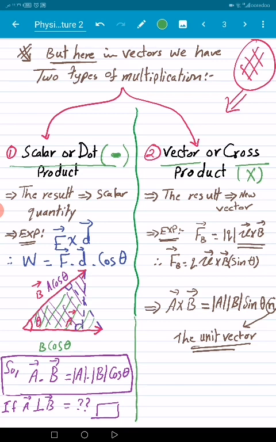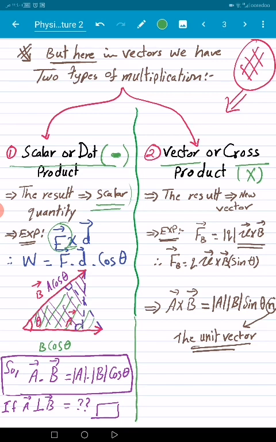For dot product the result is a scalar. في الدوت برودكت حاصل الضرب هو عبارة عن كمية عددية فقط، لا يهتم بالاتجاه. مثال، إذا كان عندنا القوة رمزها F، هي عبارة عن factor. F is a factor quantity.